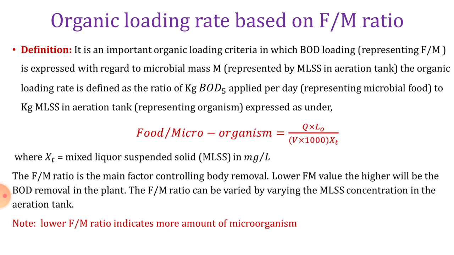And if the F/M ratio is lower, it indicates the microorganisms are more. So the higher the F/M ratio, the more food will be available to the microorganisms, while in case of a lower F/M ratio, the microorganisms will be more, which is again undesirable because they will get carried to the effluent, which we do not want.